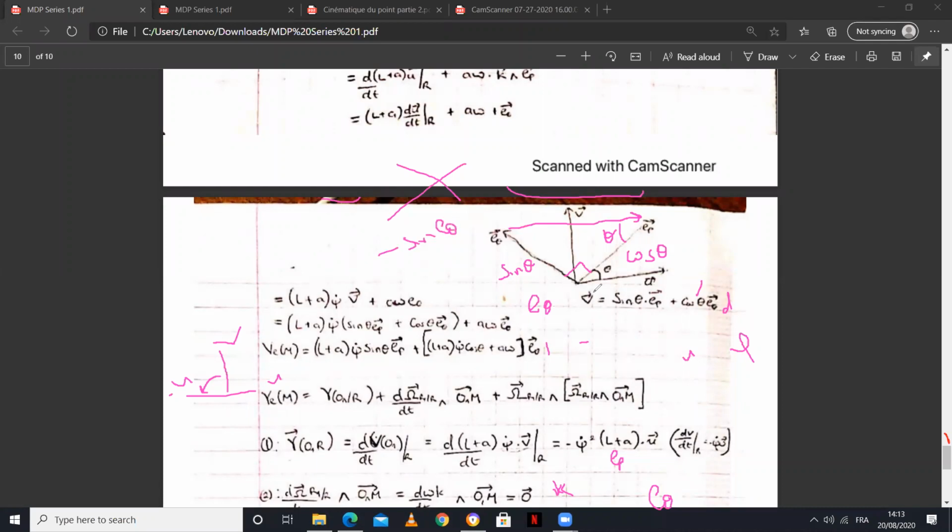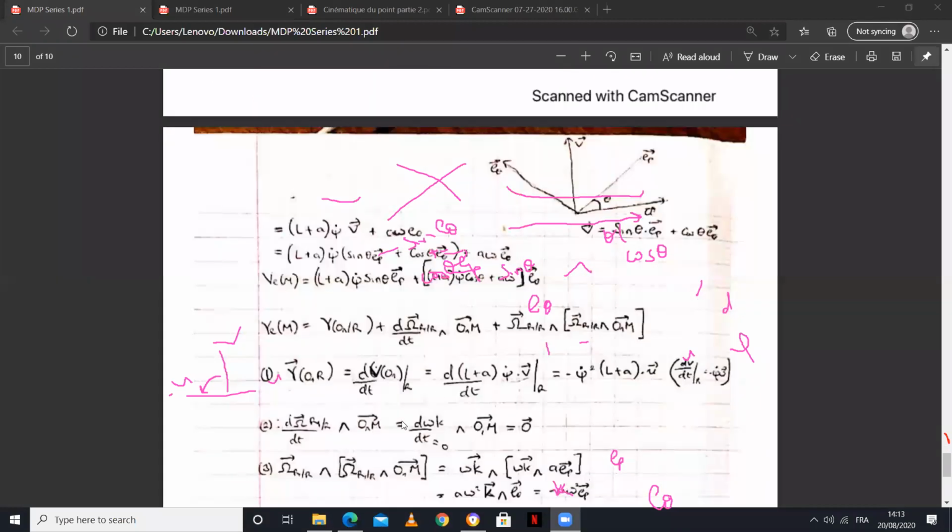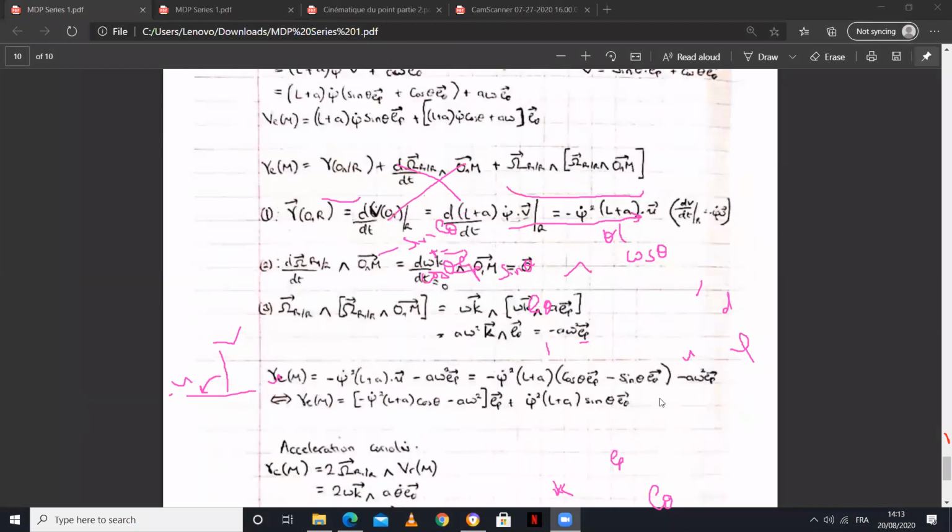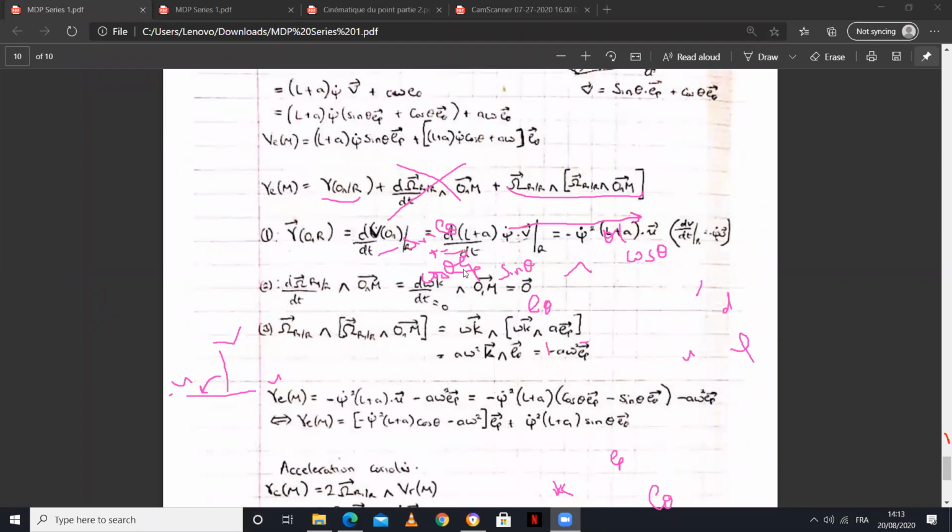Here I'm going in the right direction of euro, so it's plus cos theta euro, and this is the expression that you find when they worked out U: minus sine theta E theta and cos theta euro. So it's just projections and all that stuff.